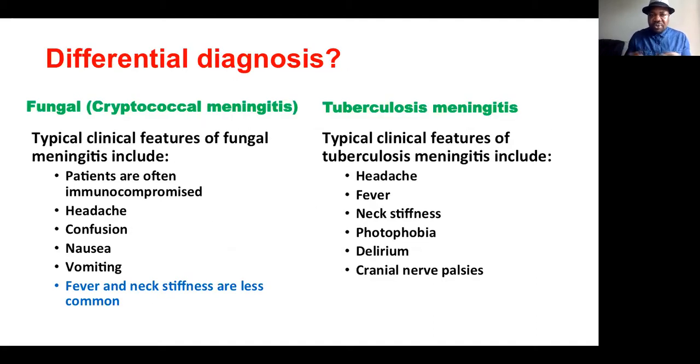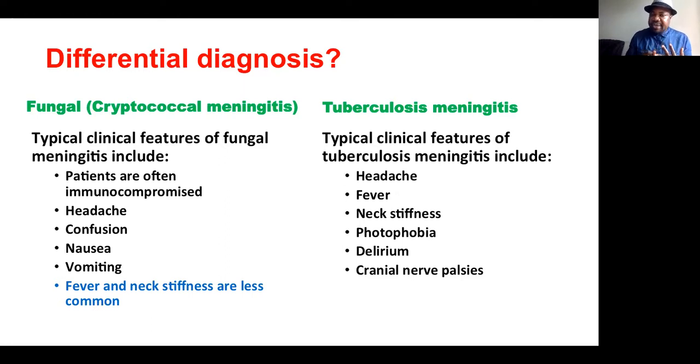Now let's look at the differential diagnosis, what separates the two clinically on presentation. You will see that patients with cryptococcal meningitis are often immunocompromised, with a very low CD4 count.